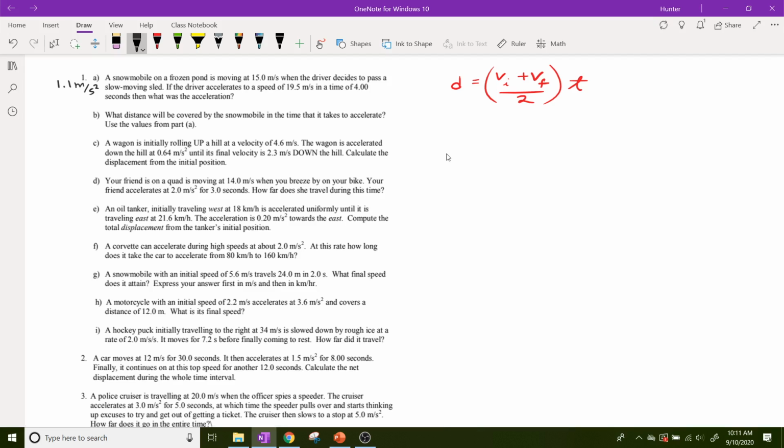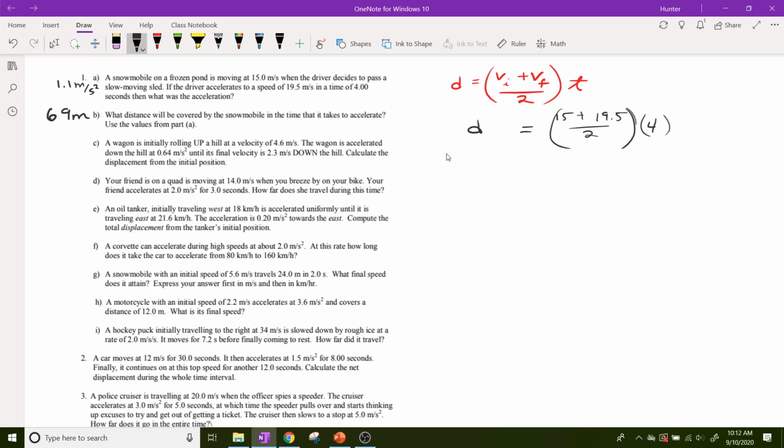So that's the VI of 15, the VF of 19.5 divided by 2 times the time of 4 seconds. And whatever that comes out to be, that's our distance that was traveled, our displacement. But since we're always going forward, it's the same as the distance. 69 meters? Yes, 69 meters. Okay. 69 meters.